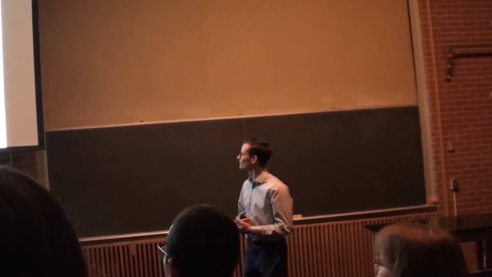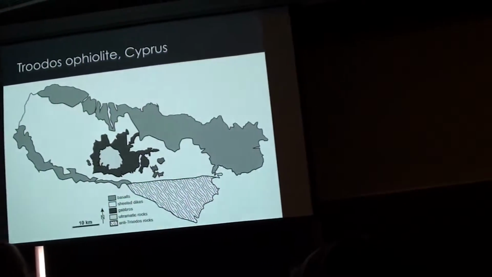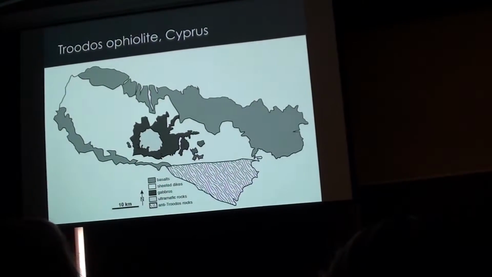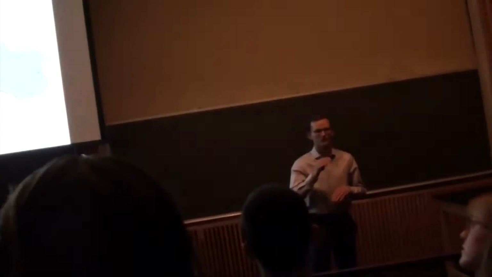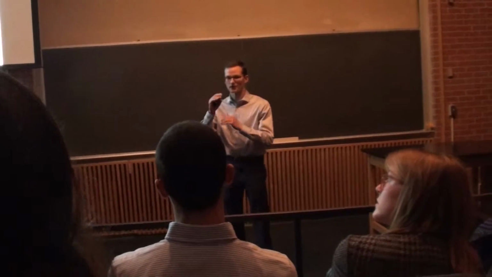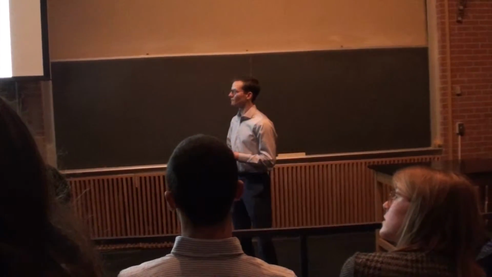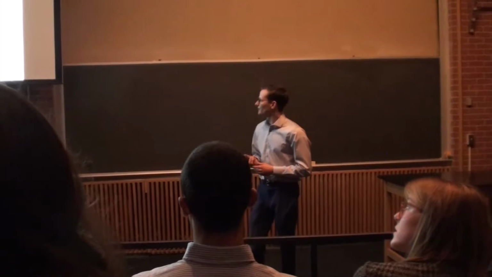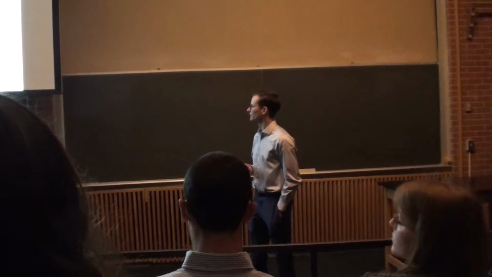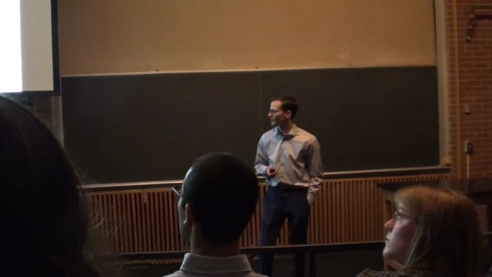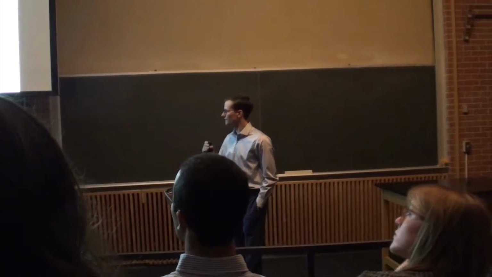This is a map of the Troodos ophiolite in Cyprus. An ophiolite is a section of oceanic lithosphere that has been placed on continental crust so that we can access it on land. The Troodos ophiolite has a full suite of oceanic lithosphere rocks from ultramafic mantle rocks to basalts.